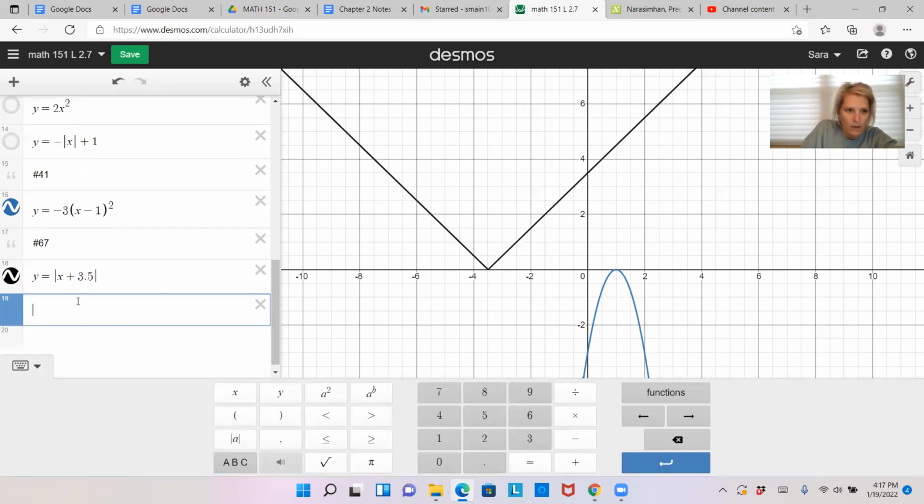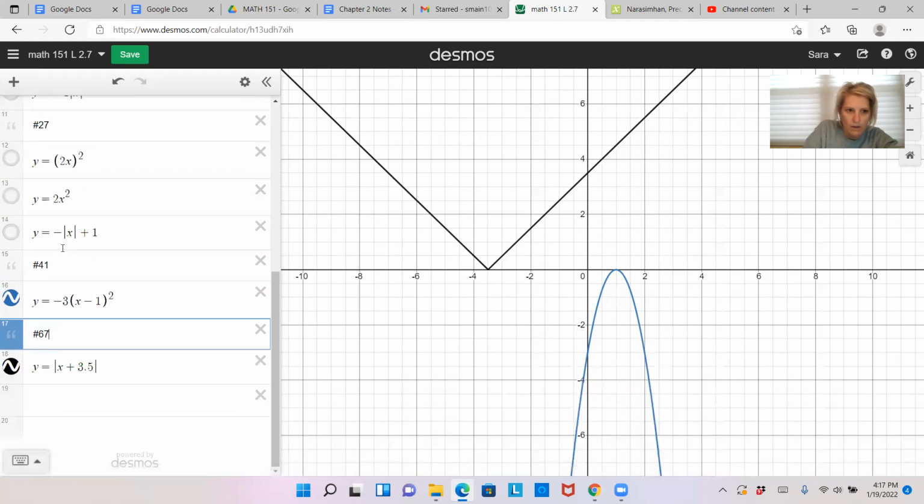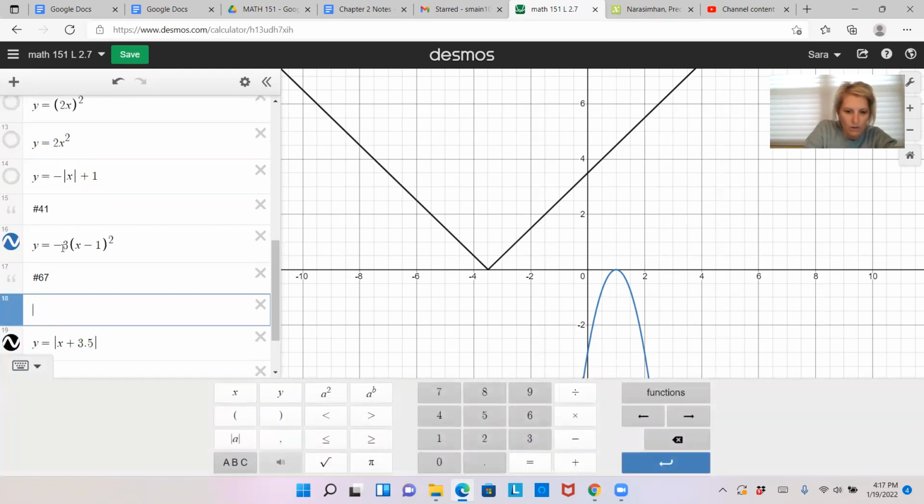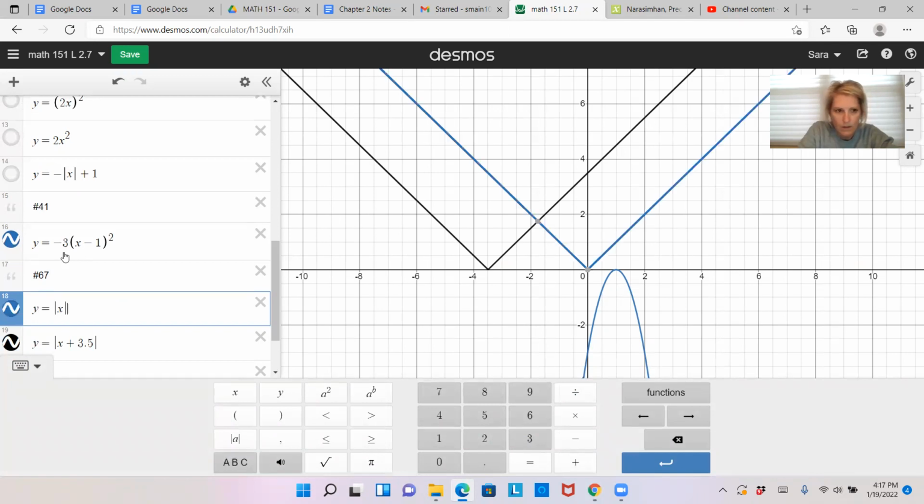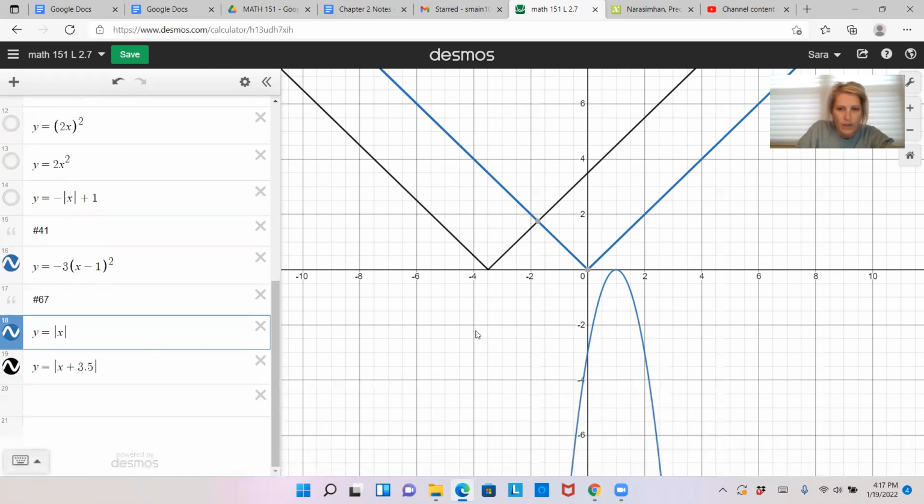And so y equals, so there's our base function in blue, and then there is the first function, the plus 3.5.